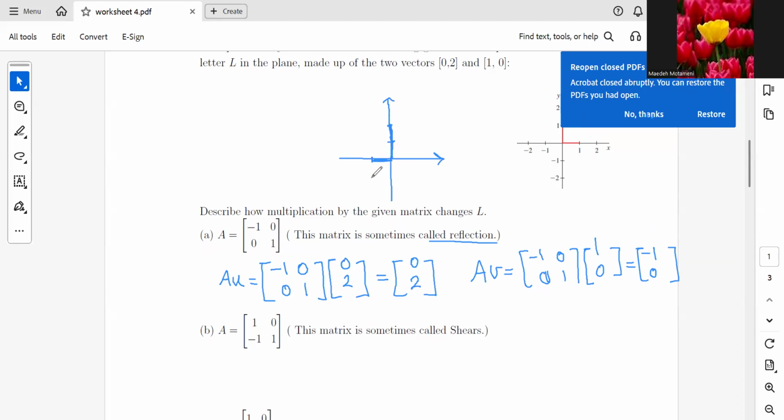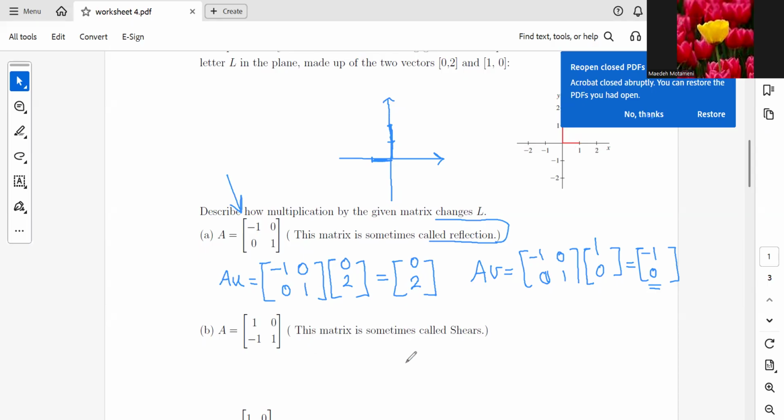So this will be the second one as we have here. So comparing the red L and the blue L, we would see that it is reflected about the y-axis. So this matrix is a matrix that is about reflection about the y-axis.